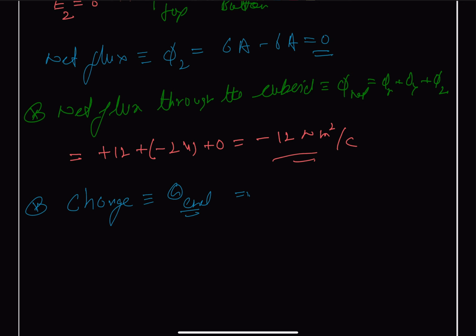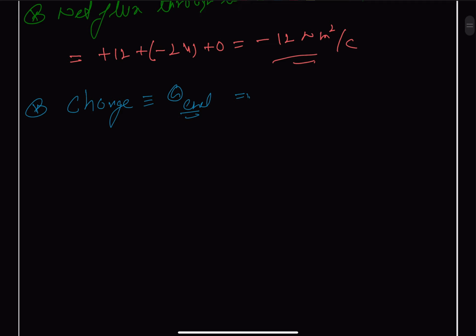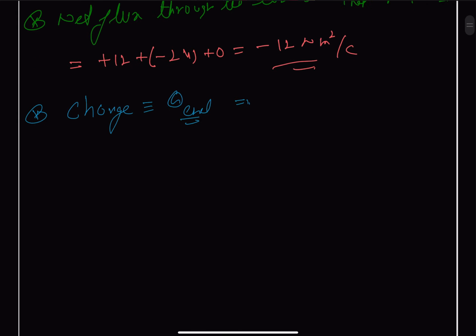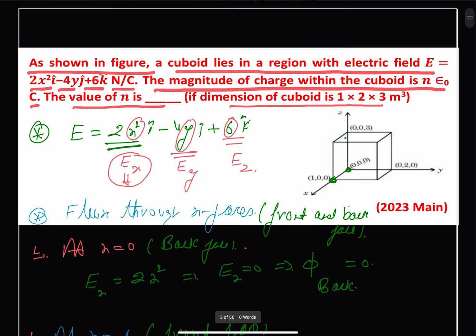Using Gauss law, we can say that the flux is equal to the charge enclosed divided by epsilon naught. From here, the magnitude of charge enclosed is given as n epsilon naught.